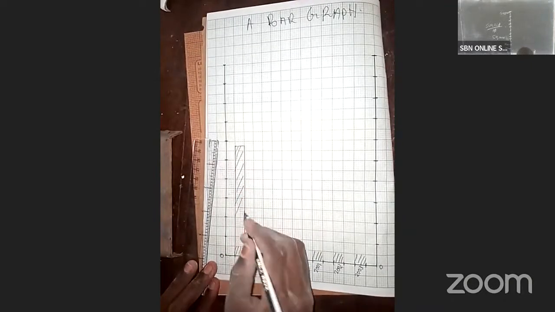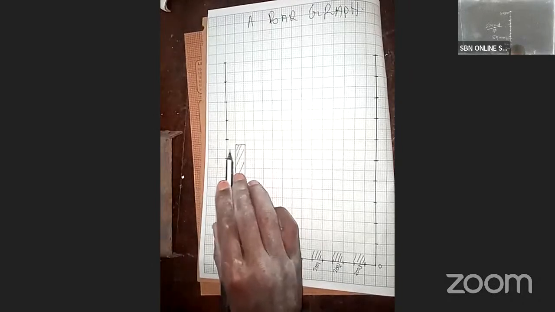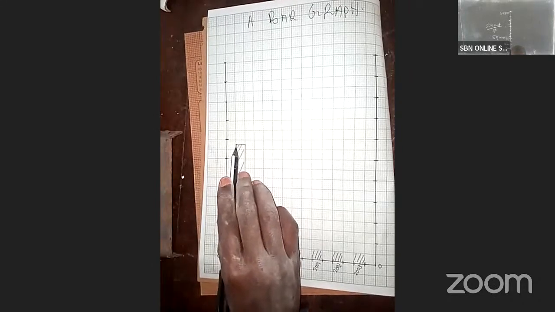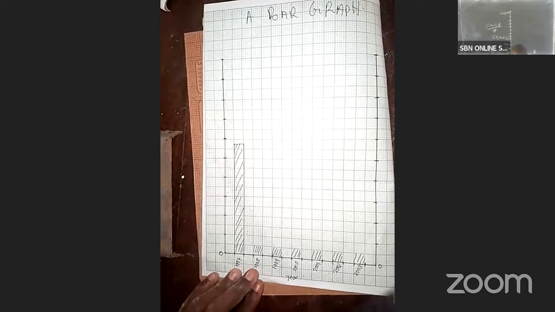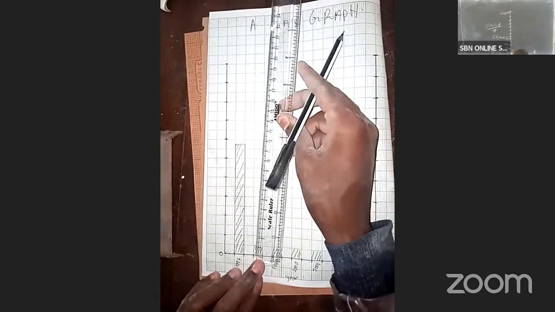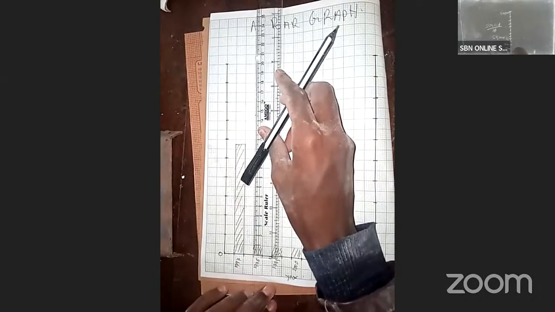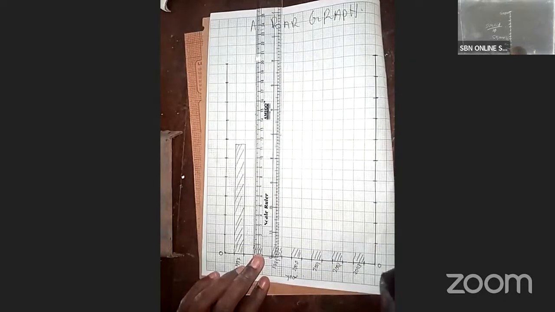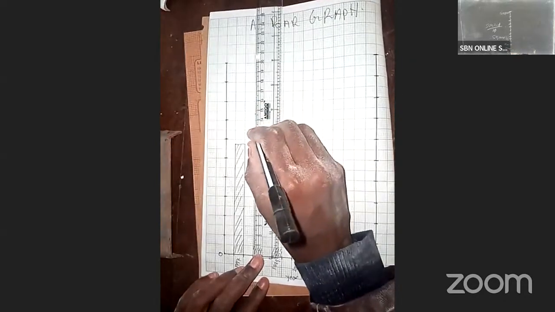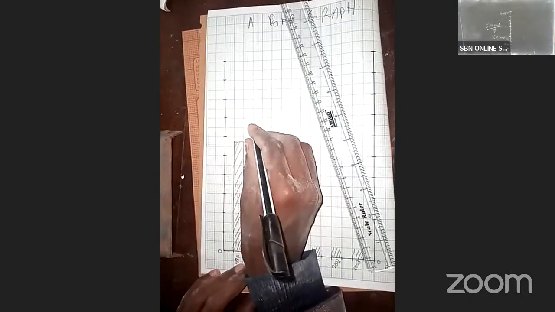You draw 11 point what? 11.5. 11 is here, 0.5 is here. Then we got the next one, what was it? 13.3. So 13.3.